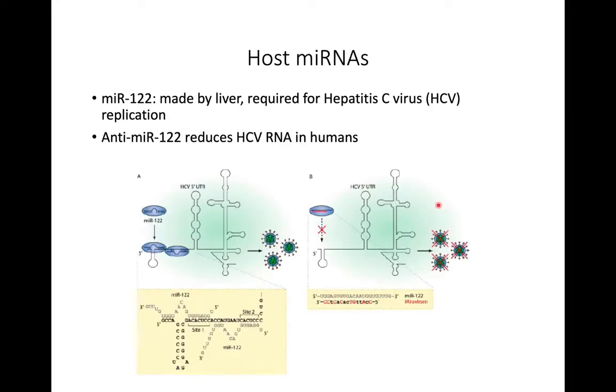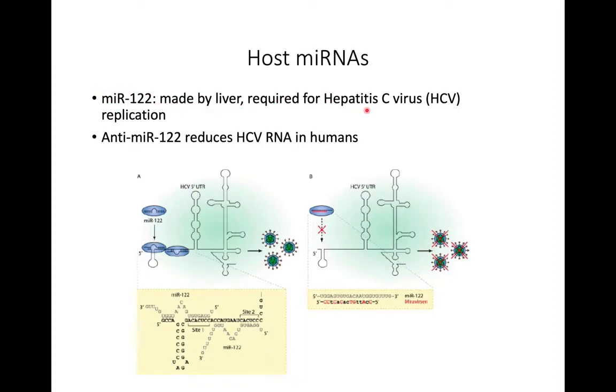So this one in particular is my favorite example of a host factor that's required for viral replication and disease manifestation. This is a host microRNA called microRNA 122, or miR-122. It's only made in the liver. So that's why hepatitis C is liver trophic, because that's where microRNA 122 is made.